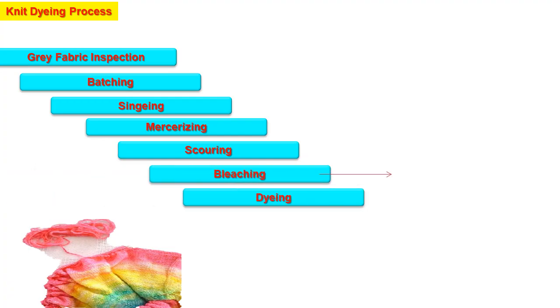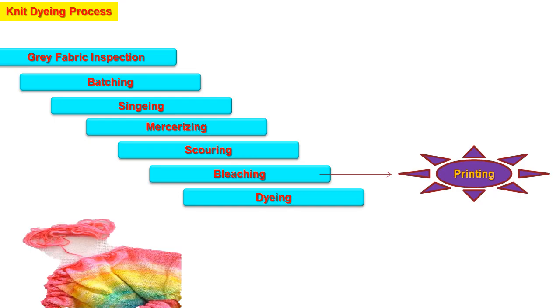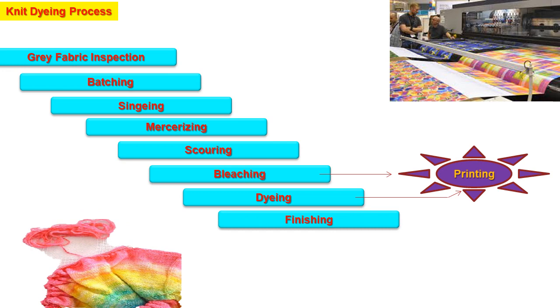In the case of knit dyeing process, the steps involved are grey fabric inspection, batching, sizing, mercerizing, scouring, bleaching, dyeing. After bleaching, either it can be subjected to printing or after dyeing the goods, it can be subjected to printing process.